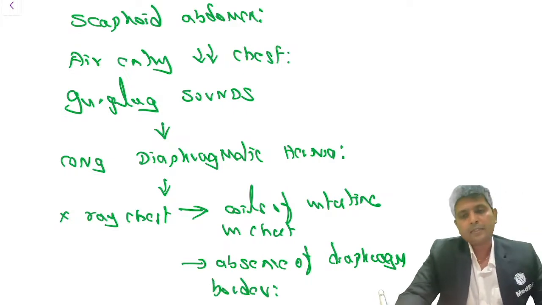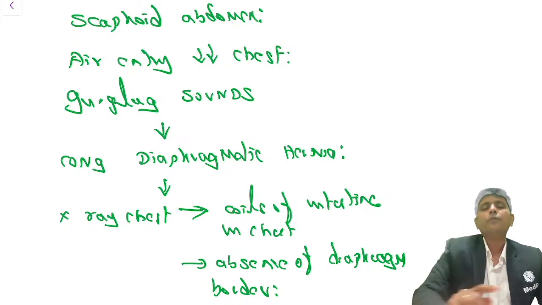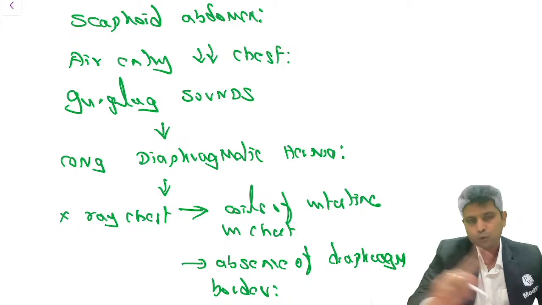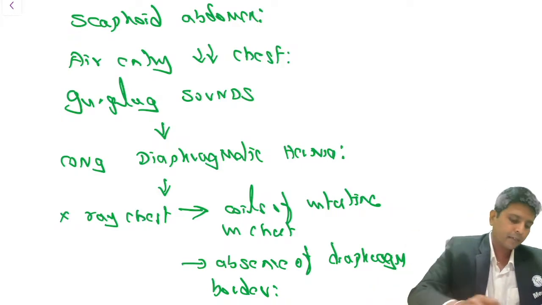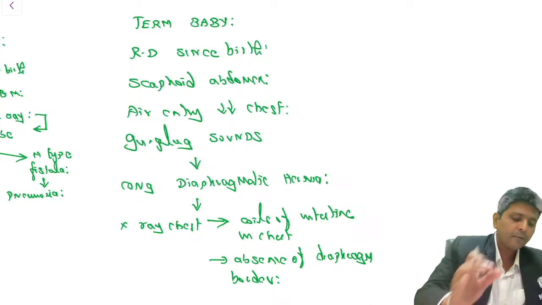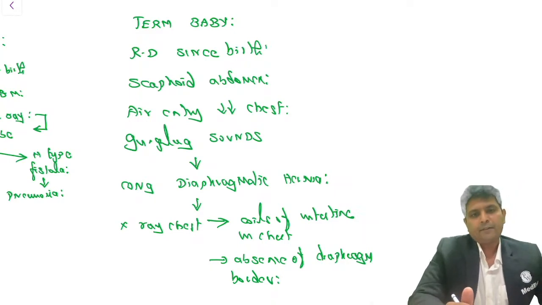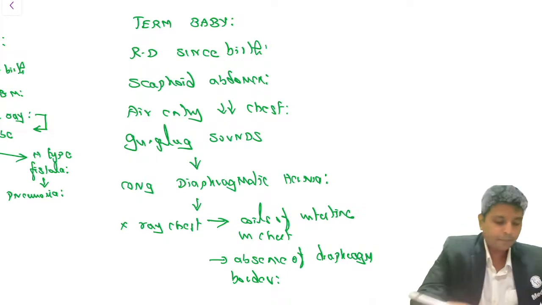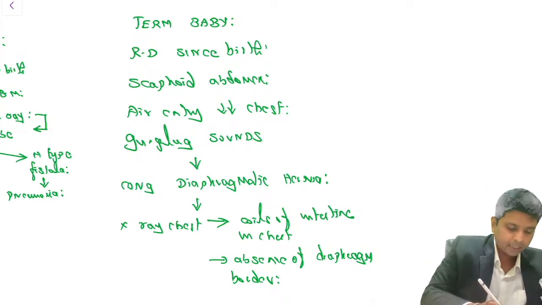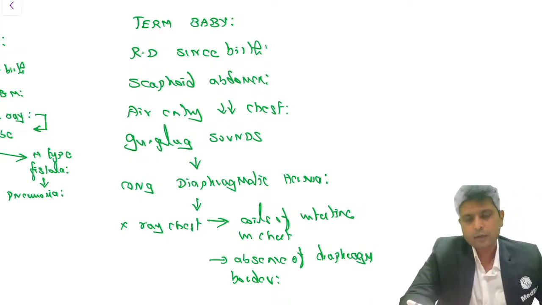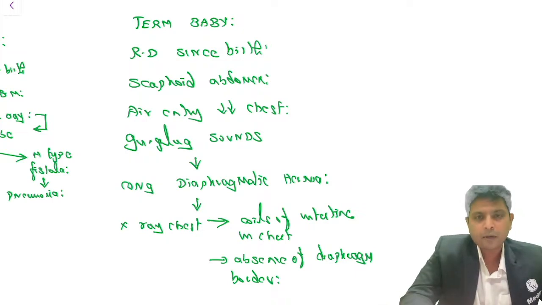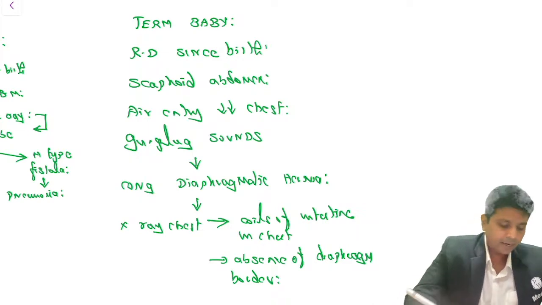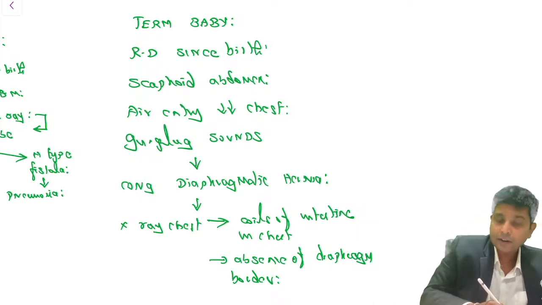That's why in any case of respiratory distress, you need to find out whether the diaphragm is present from wall to wall or not. So this is a case of congenital diaphragmatic hernia. Nowadays many people are going for an antenatal anomaly scan, and in the anomaly scan itself they can find out.